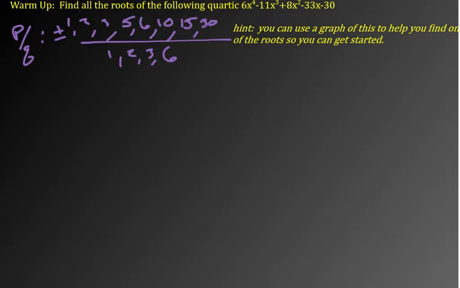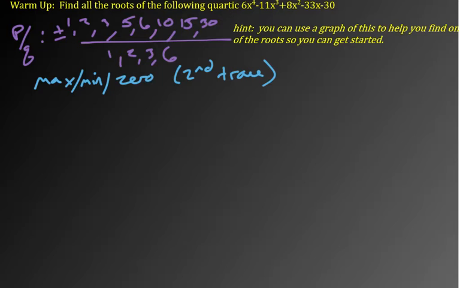So a few classes ago, there was a video where I showed you how to use the max, min, and 0 buttons, which are under that second trace menu. What I would do on this one to get started, because you could go and do some of these quick.